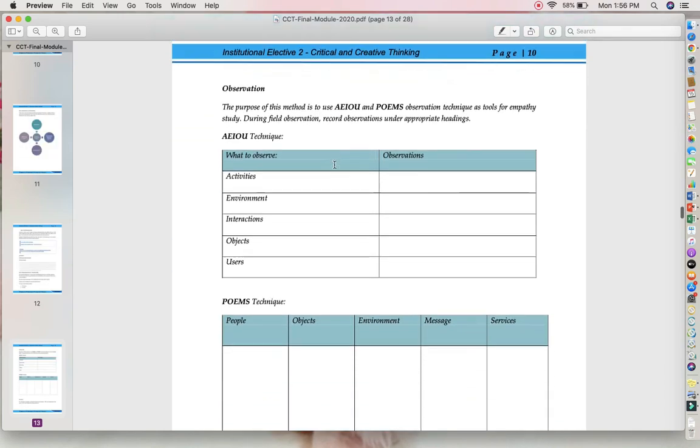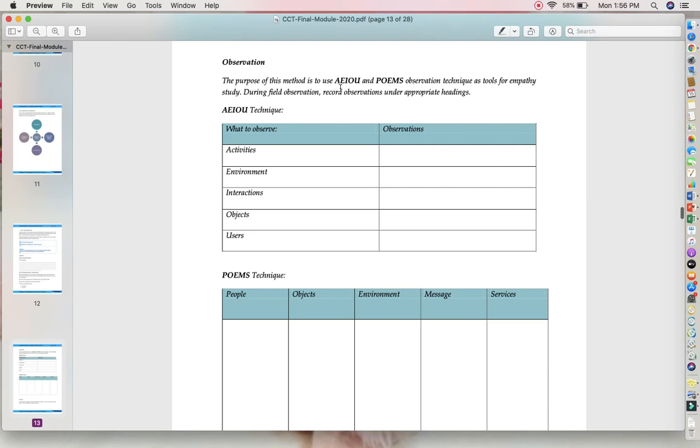Under the observation, the purpose of this method is the A, E, I, O, U observation technique as a tool for empathy study. During field observation, record observations under appropriate headings. What to observe? Letter A, their activities. Letter E, their environment.